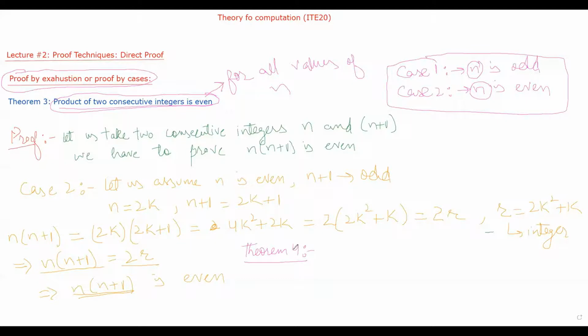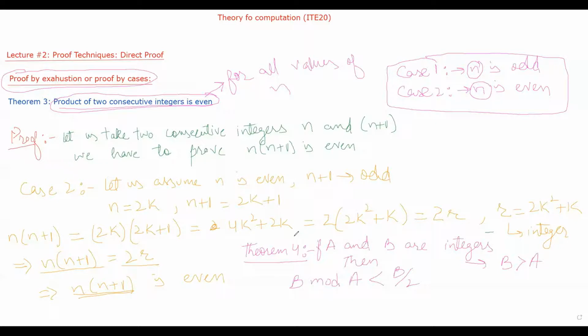What you are going to prove, using the same technique, proof by cases, is that if a and b are integers, then b mod a will always be less than b by 2. And in this particular theorem, assume b is greater than a.